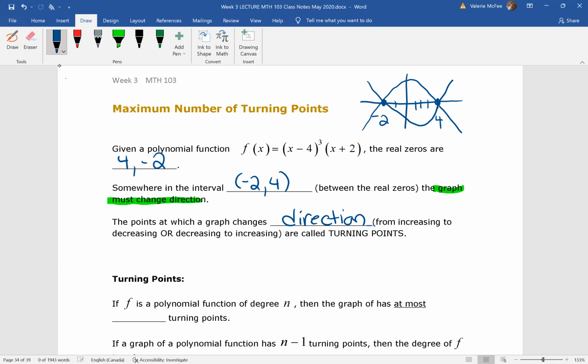So we're not going to know exactly how many turning points there are, but we will know the maximum possible turning points. So we say if f is a polynomial function of degree n, then the graph has at most n minus 1 turning points, one less than the degree.